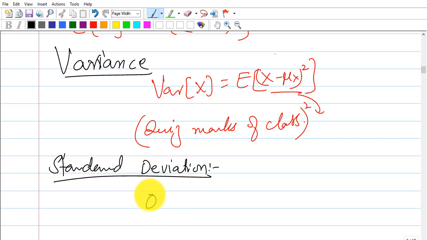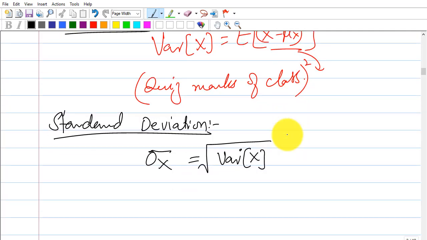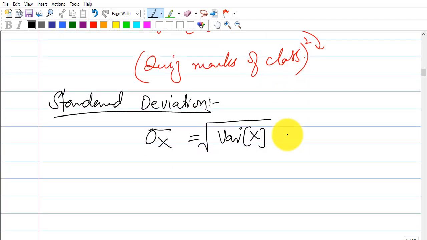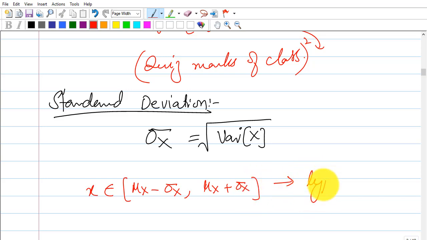We simply call it the standard deviation. The standard deviation is sigma x, small sigma x, the square root of the variance of x. If you take the square root, it becomes proper units, so the standard deviation will give me a clear picture of the spread of the data. Sometimes we say that if a certain data value belongs to mu x minus sigma x or mu x plus sigma x, we call those values typical values.